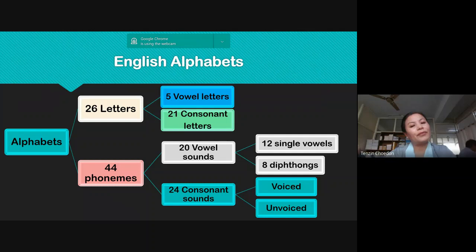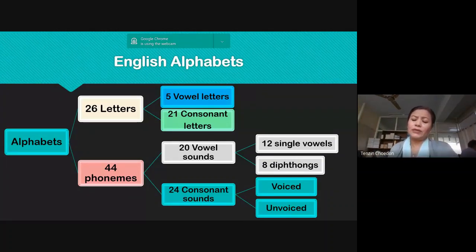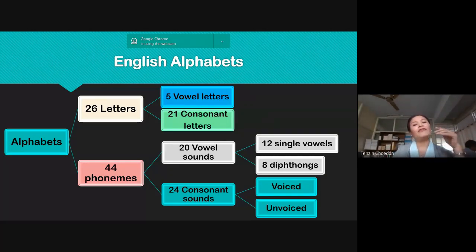Usually we tell children that there are 5 vowels and 21 consonants. What we need to remember is that it's very important to tell our children that the 5 vowels we stress on are just vowel letters, not sounds. There are 26 letters in the English alphabet, 5 are vowels and 21 are consonants.